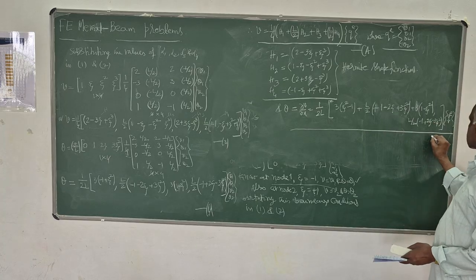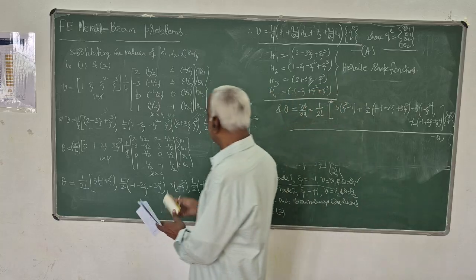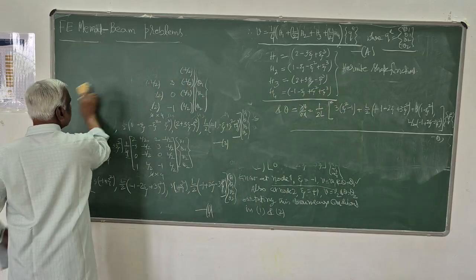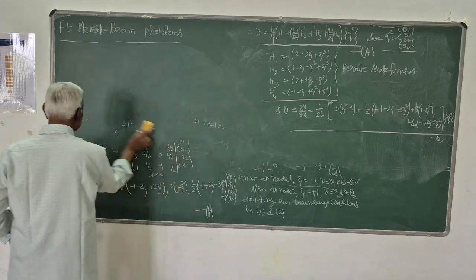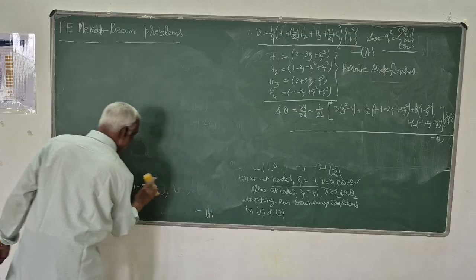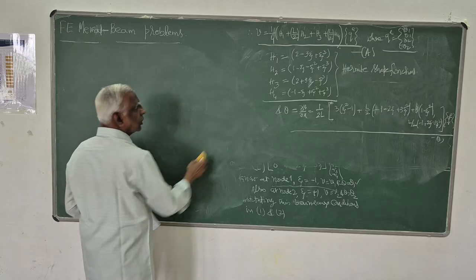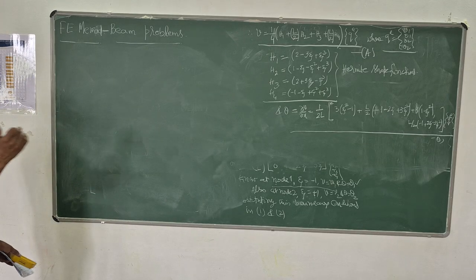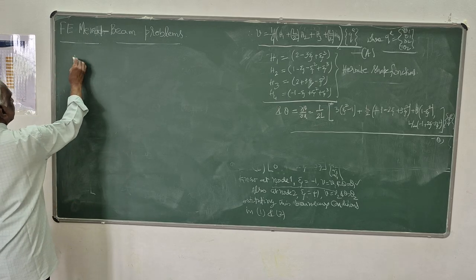You call this B. These equations you have to remember for solving any beam problem. The slope and deflection at any point of the beam element are given by these equations. So knowing V and theta, slope and deflection, you can find the moment.